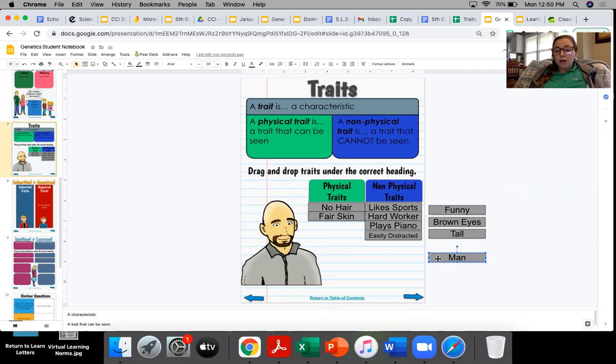So there are a lot of physical characteristics that make a man appear to be a man. Does that make sense? So being a man would be a physical trait, because we could clearly tell that this is a man in this picture.